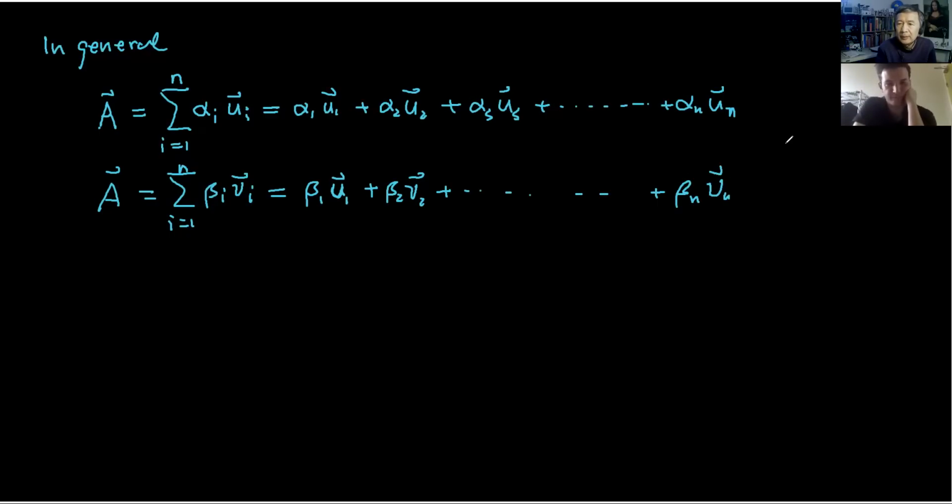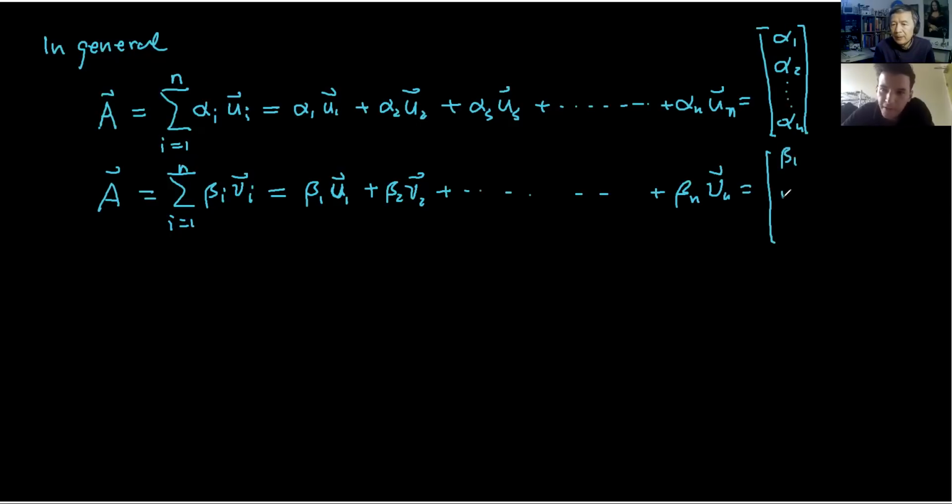And these can be written in matrix form. The first one can be written as alpha 1, alpha 2, until alpha n, and obviously these numbers are different: beta 1, beta 2, and beta n.